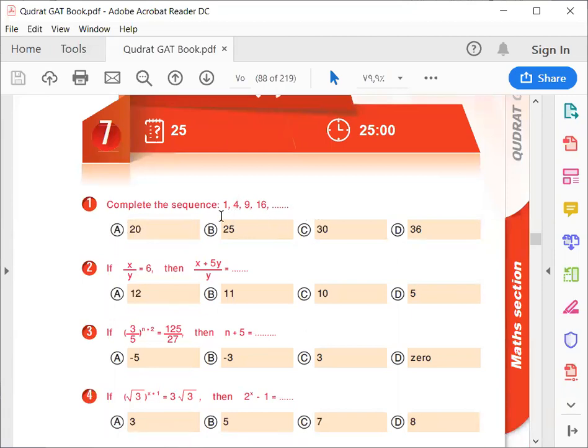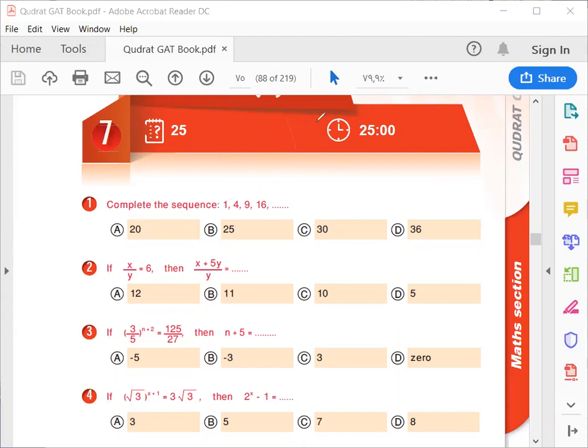We have a sequence here: 1, 4, 9, 16. So what is the next number? If you see 1, it is 1 times 1, it is 1. Also, if you look at 4, it is 2 times 2.